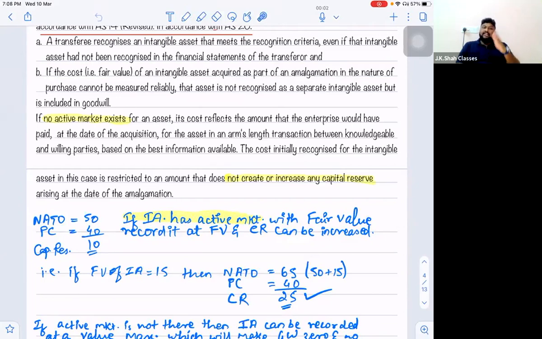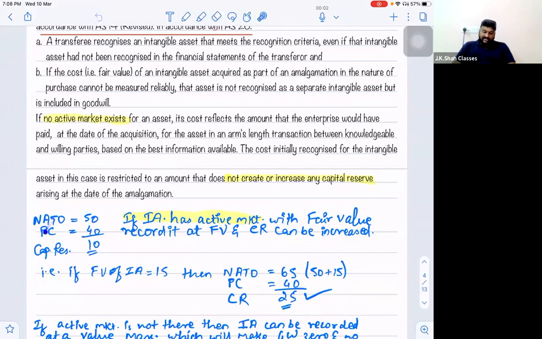Means if earlier you are showing goodwill, after recording the intangible asset, goodwill can now become capital reserve also. Or if there is existing capital reserve, it can be further increased also. No problem at all. Why? Because active market is available.